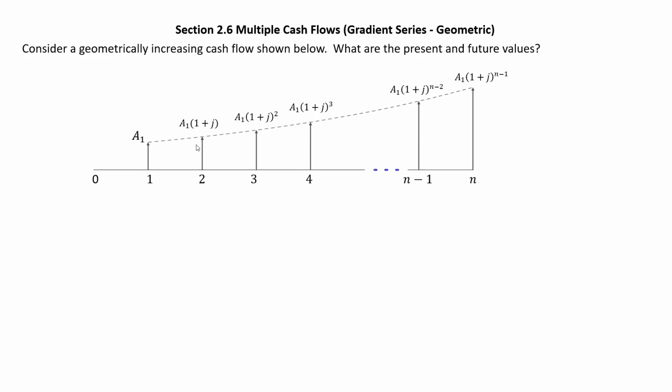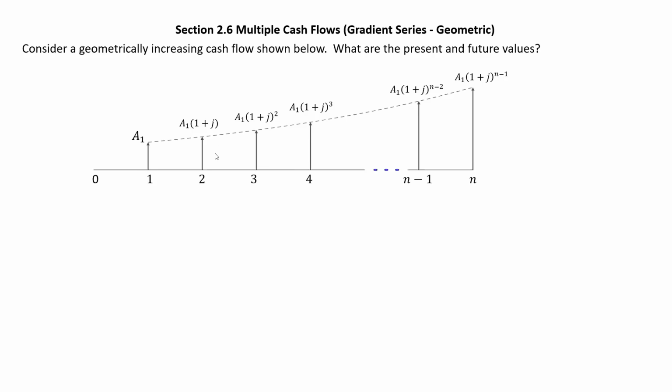The next year, the withdrawal is A1 times (1 plus j). After that, A1 times (1 plus j) squared. So each time it is increasing as a geometric sequence.